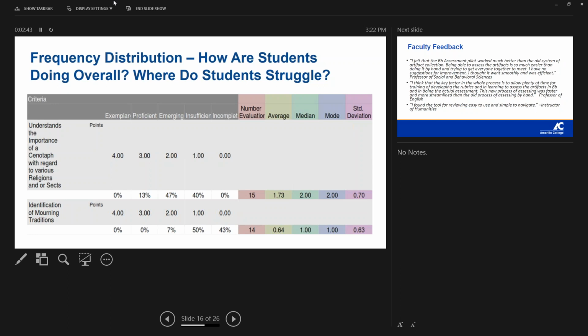That was a problem for this program, and they went through a lot of redesign and took a look at this. Now they're in the 2-point range on the 4 to 0 point scale. This kind of output from this tool works great for us, and it's very telling as far as identifying those gaps in student learning.